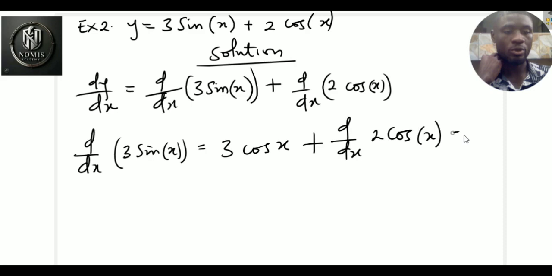So this will be equal to, if we differentiate cos, it becomes minus, so it becomes minus 2 because of these 2, sine x. So this is minus 2 sine x. So if you differentiate 3 sine x, you have 3 cos x, and if you differentiate 2 cos x, you have minus 2 sine x. So combine it together from the formula, dy/dx is equal to d/dx of 3 sine x plus d/dx of 2 cos x.